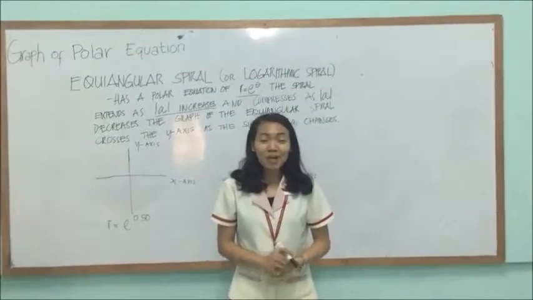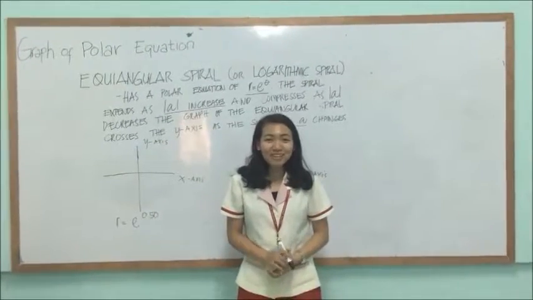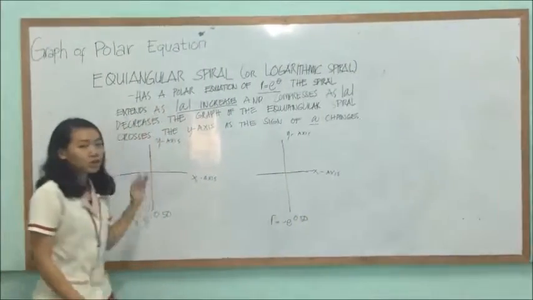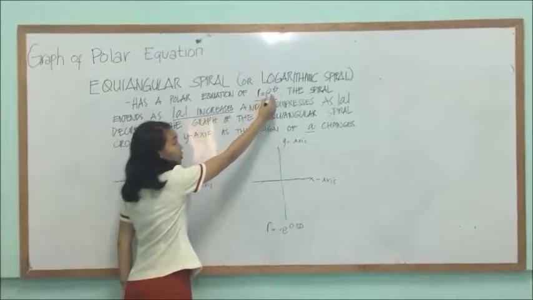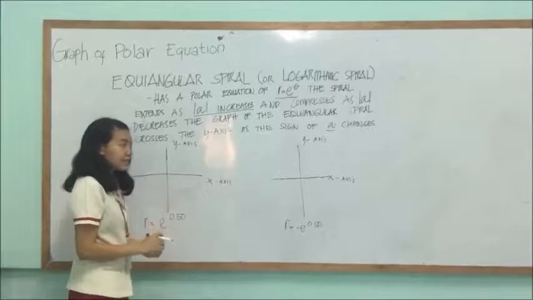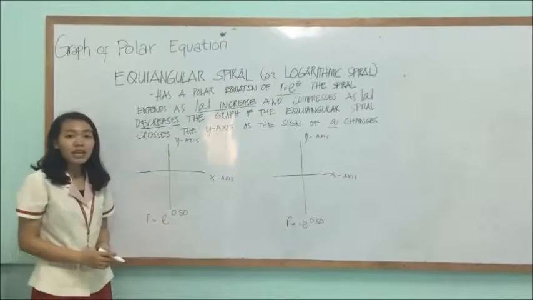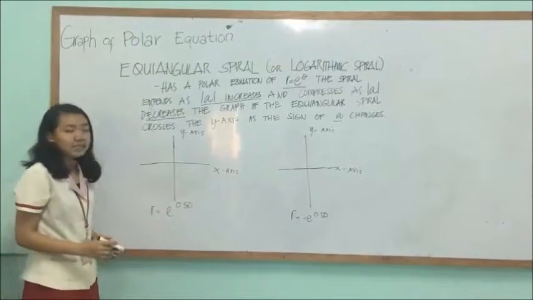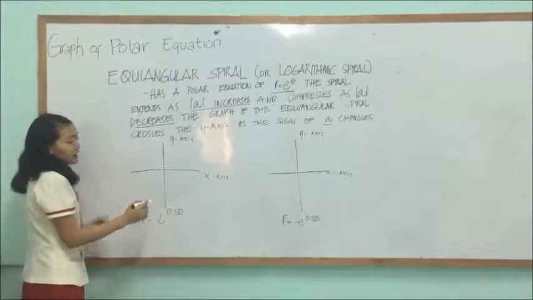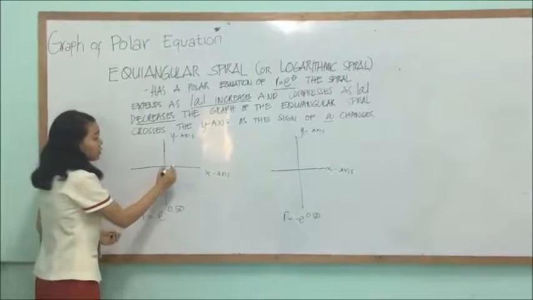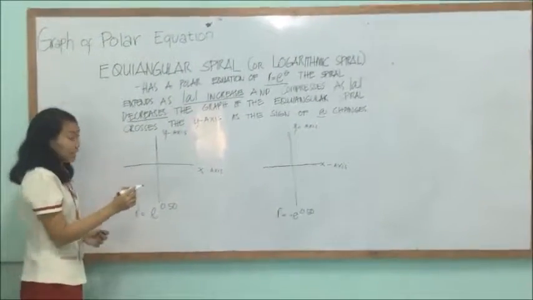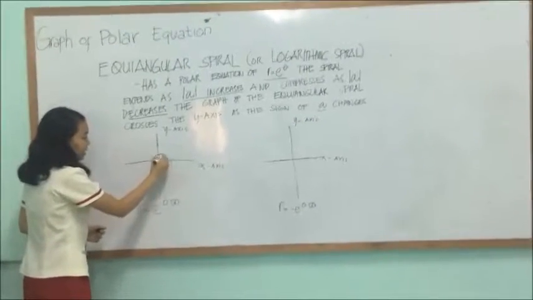Another type of graph of a polar equation is a spiral. Here the graph is extending as a increases, like this.